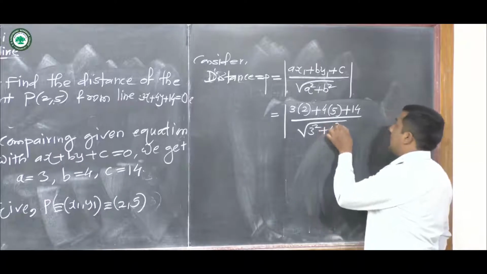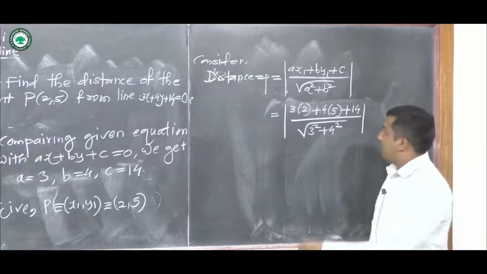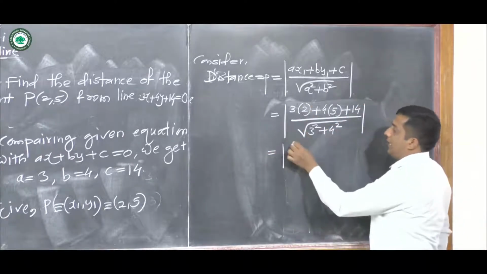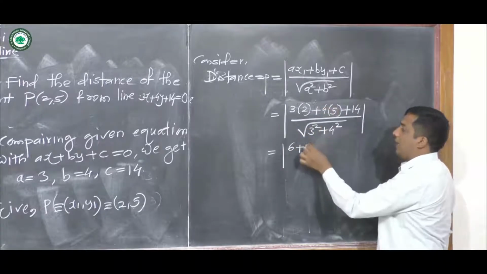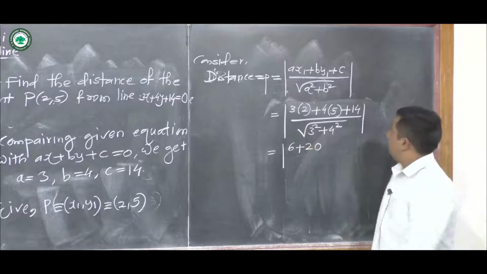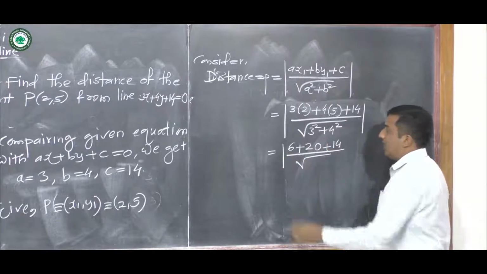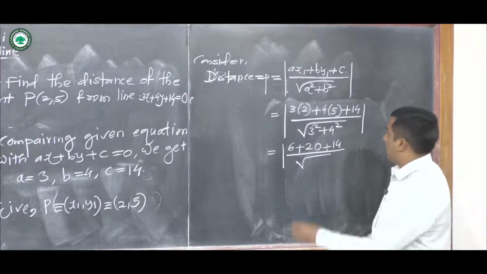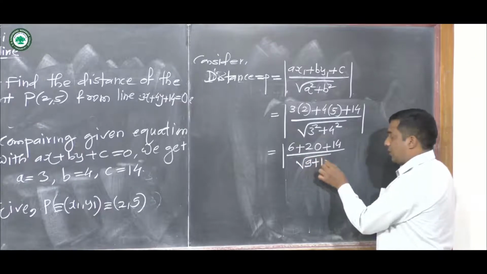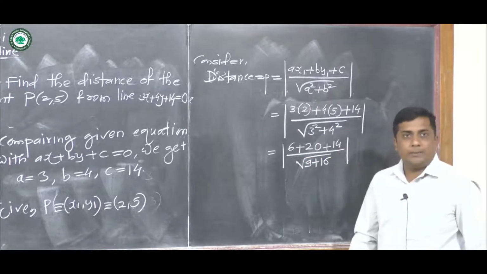here 4 square. This is equal to, we know 3 into 2 is 6 plus 4 into 5 is 20, then plus 14, this divided by, inside the square root, we know 3 square is 9 plus 4 square is 16.